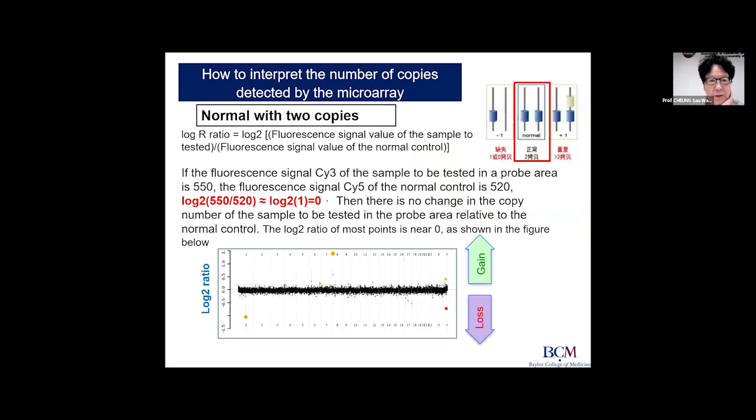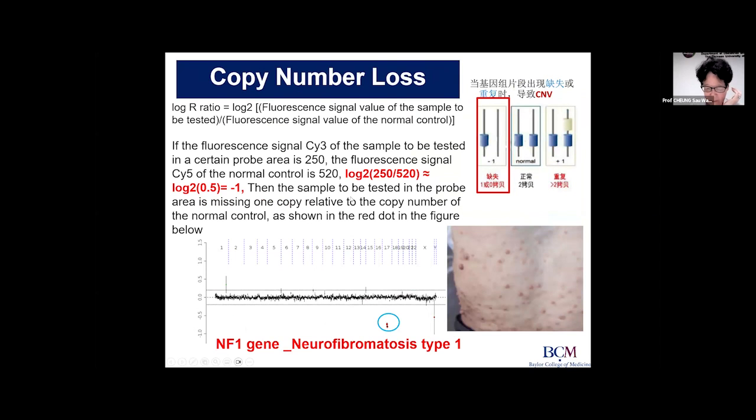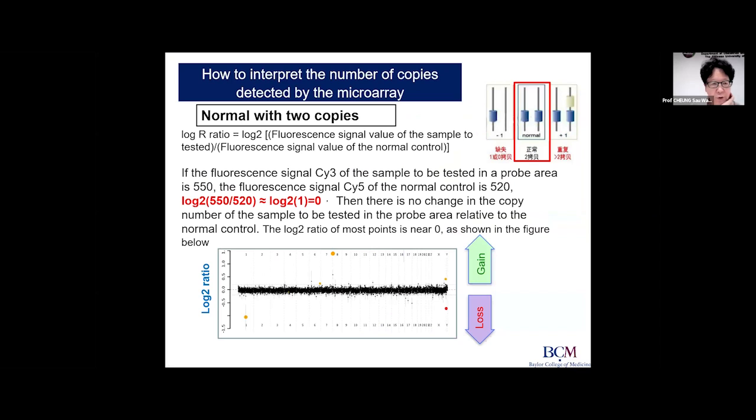So how do we interpret the copy number variation detected by microarray? If it's normal, the log ratio, if the fluorescence signal of the sample to be tested in the probe area is 520 and the fluorescence signal of the normal control is 520, the log2 ratio of 1 is equal to 0.